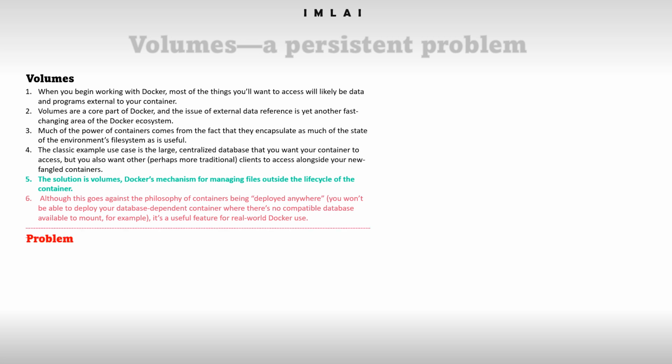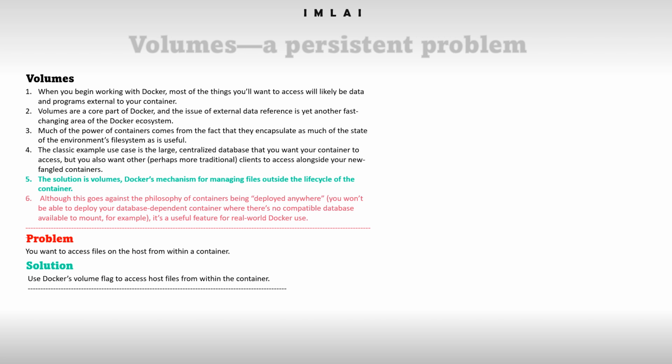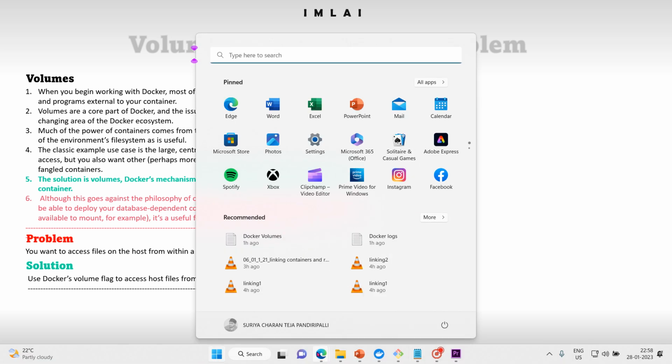Let's take one example here. The problem is you want to access files on the host from within a container. The solution is to use Docker's volume flag to access host files from within the container. To make data persistent, we have a few options.